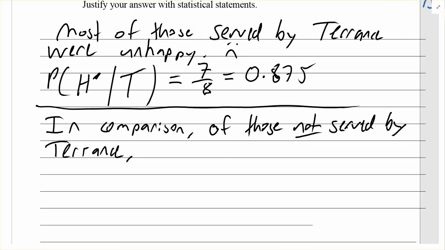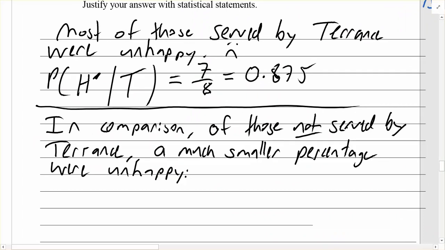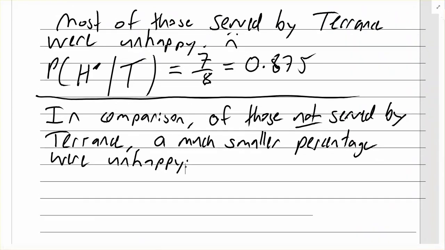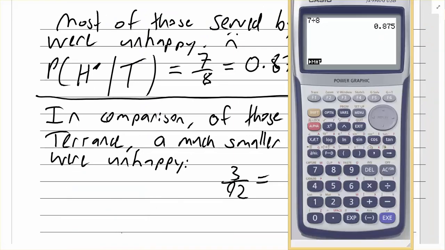So in comparison, of those not served by Terence, a very small percentage were unhappy, a much smaller percentage. And if we look specifically at the numbers, it's 3 out of 92. If we get that as a decimal or a percentage, 3 divided by 92, it's 0.0326, so only about 3% were unhappy of those served by other people.